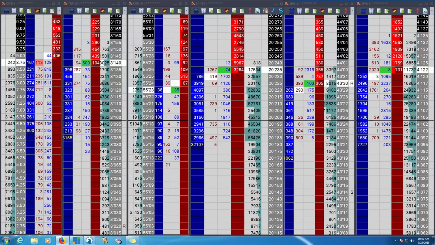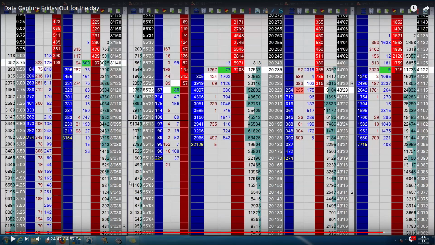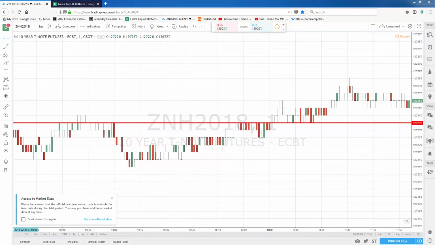So there's definitely no correlation. What price are we at? I'm going to look at a chart. So here is where we were looking to fade. You could have taken a one-tick winner.